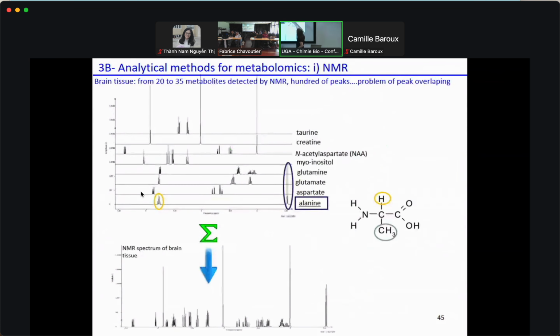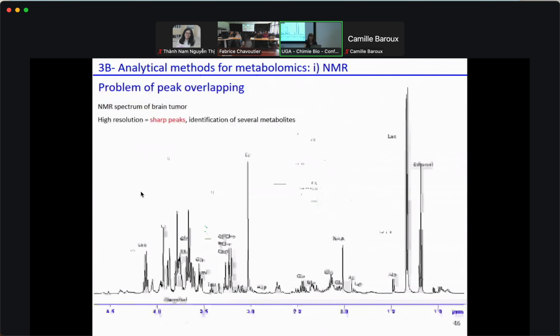if you have all these metabolites in brain, for example, the proton NMR of brain will be the sum of all these contributions. This is why you understand that there are a lot of peaks, and it's complex to identify the individual signal of all these separate metabolites. So this is one problem of proton NMR.